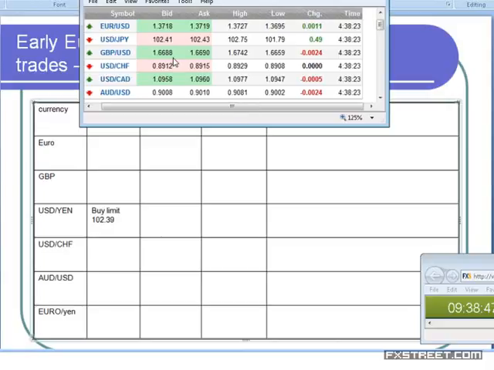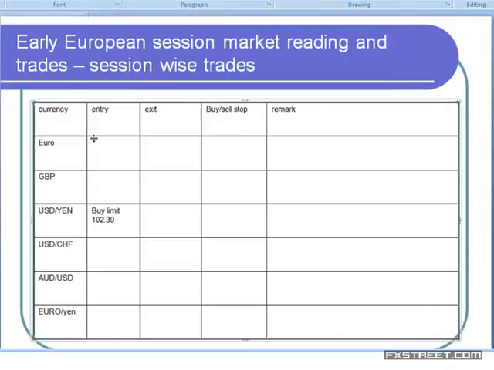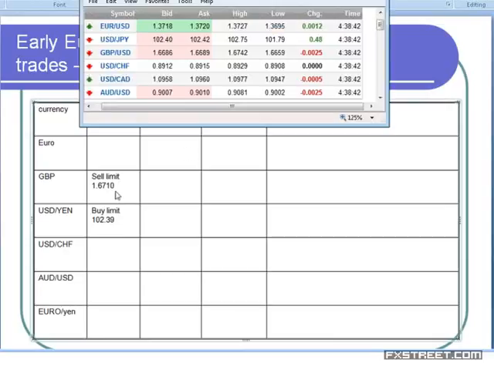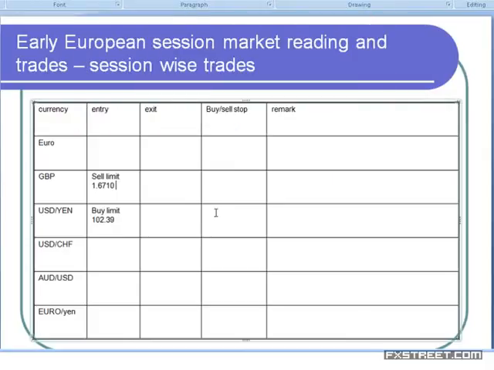Okay. Now, in the case of GBP, they are holding below 1.6710. So I will try to keep a sell limit order. 1.6710 is the initial low. Then for this, we have to keep the hedge order.